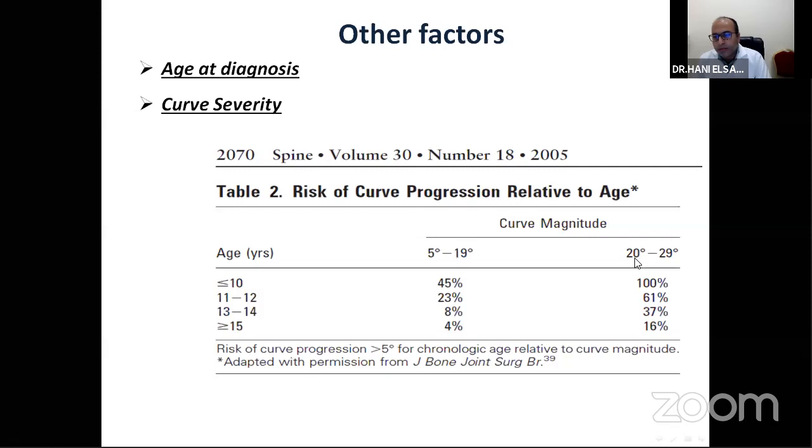For curves between 20 and 29 degrees, the risk of progression is a maximum of 100% when the girl is less than 10 years. This decreases to 16% when she is past 15 years.